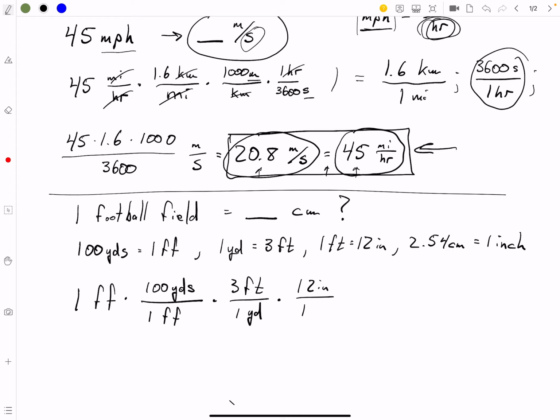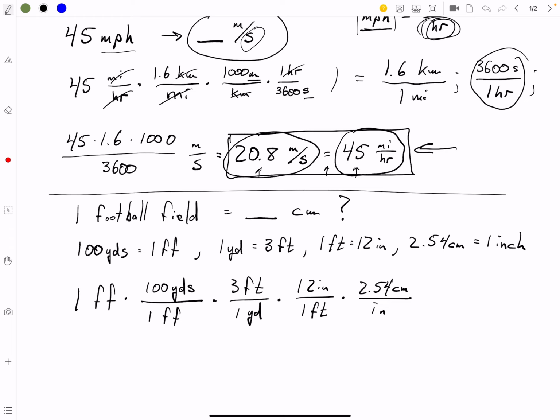And we're going to divide that by 1 foot. And now we can say, oh, but you know what? I've got 2.54 centimeters per inch. Let's just do inch right there, and there we go.